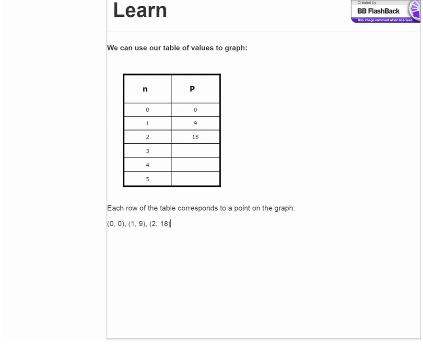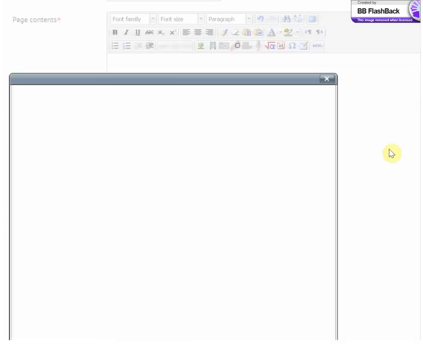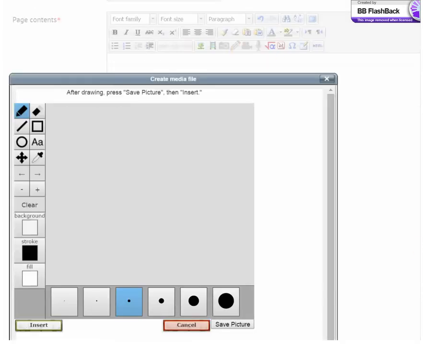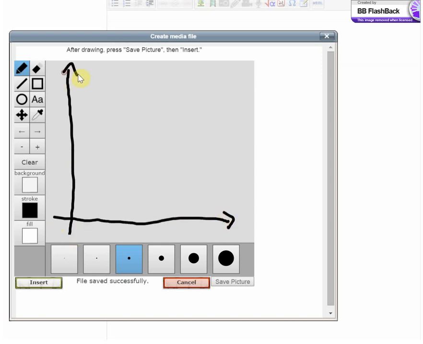What would the graph look like? Well, this graph is going to be pretty rough here. Remember to label your axes.